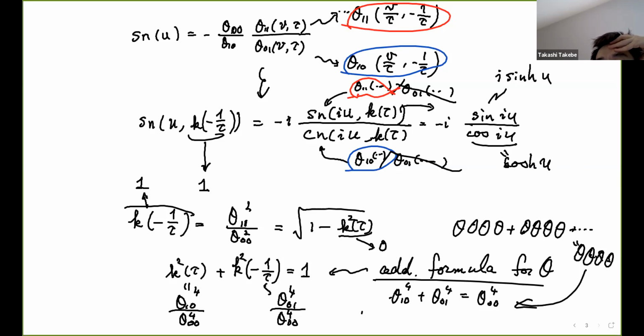So as a consequence, this is hyperbolic tangent. Okay?